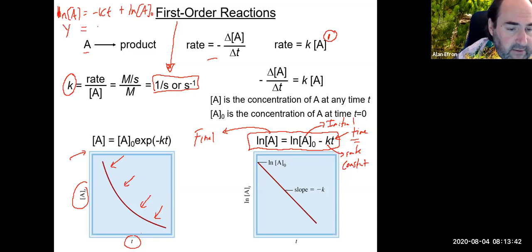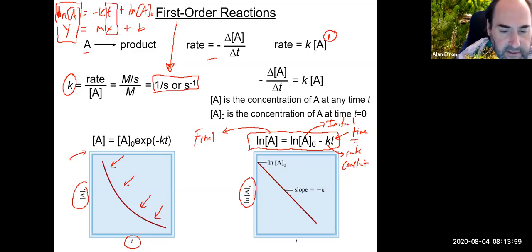This is y equals mx plus b, which means typically when we talk about a first order plot, we usually look at the linear plot, and that means that on the y, we graph the natural log of A. On the x, we graph t, which is time.